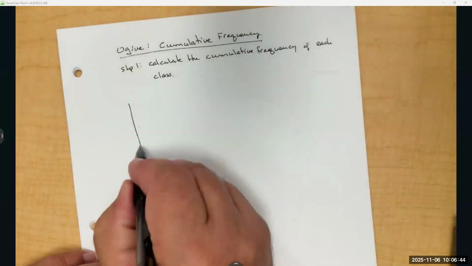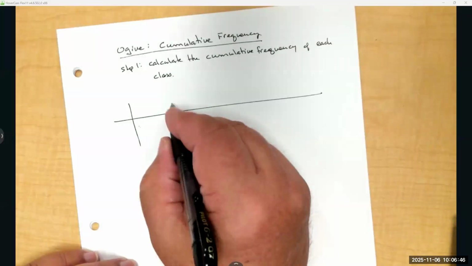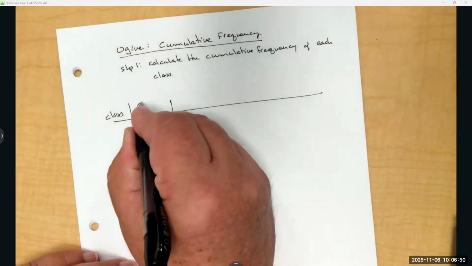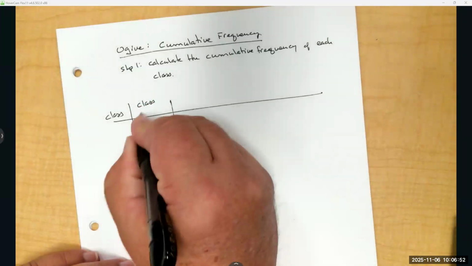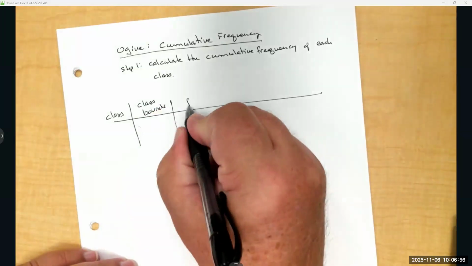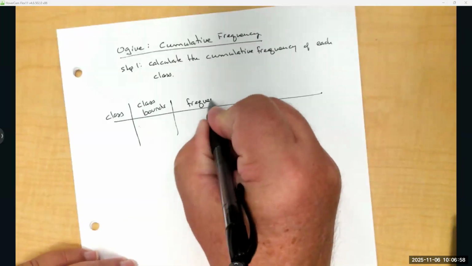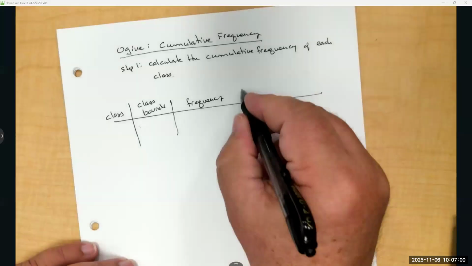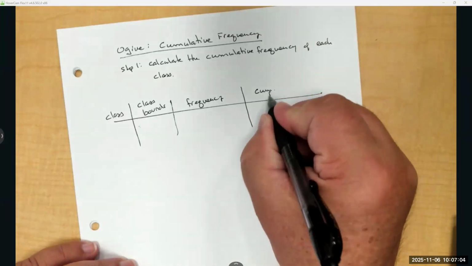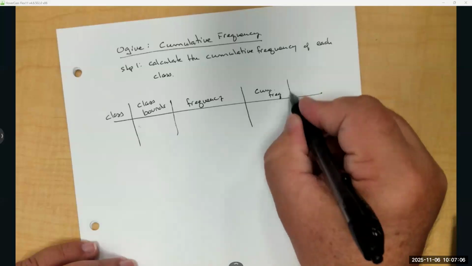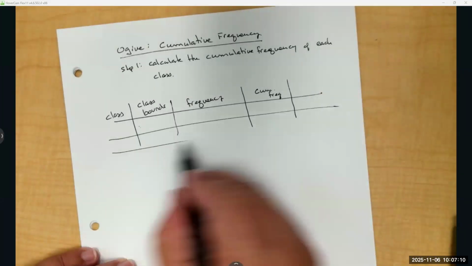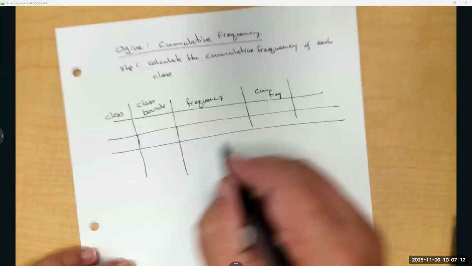Because if we had the class bounds, the frequency, the cumulative frequency, let's do the first couple of them.